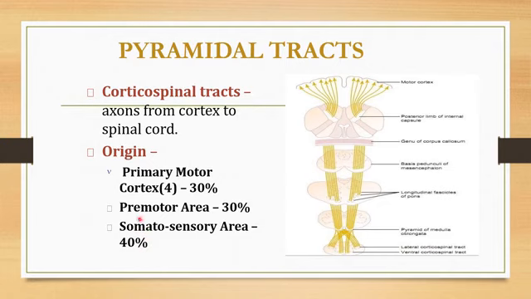The major part, 30%, is from the primary motor cortex, from the large cells of Betz in the fifth layer of the precentral gyrus. So the motor cortex contributes a total of 60% of fibers, and the sensory cortex contributes 40% of fibers.